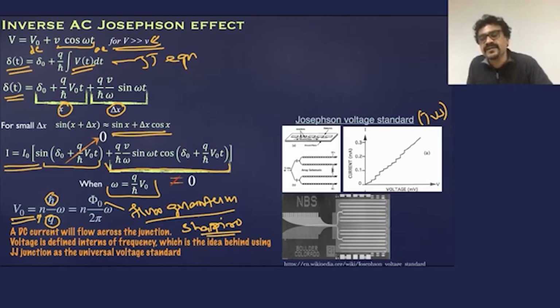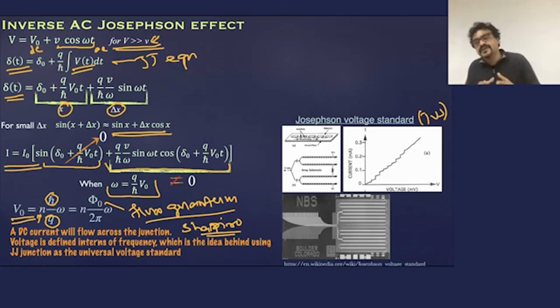So this is the schematic, and this is a picture of an actual device which is configured in a very similar way, where you have an array of Josephson junctions, which can consist of thousands of junctions.